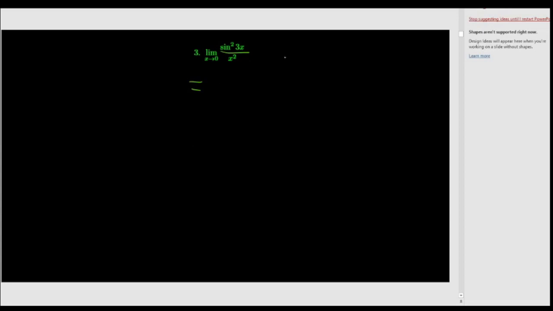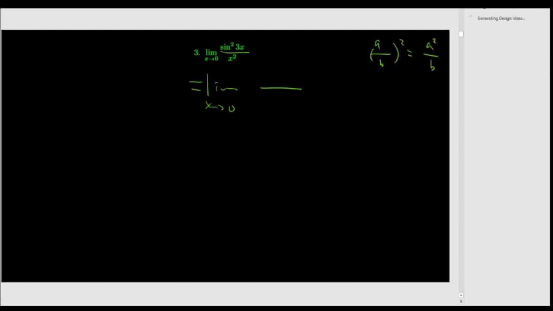Okay. The given limit is equal to... I'm going to do that in 2 steps. The given function can be written in something like this. Now let's recall a basic property we learned in high school. We learned something like a over b the whole thing squared is equal to a squared over b squared. Actually, the property is true for any exponent n.